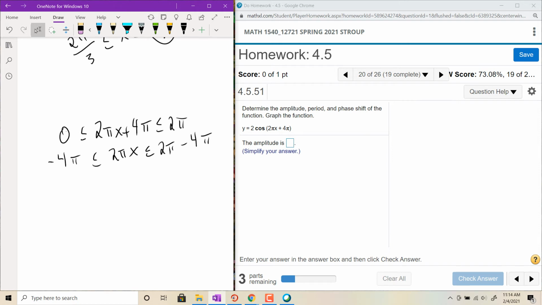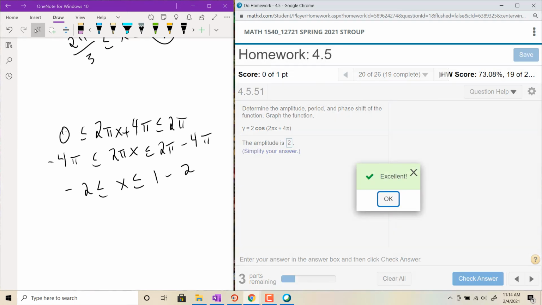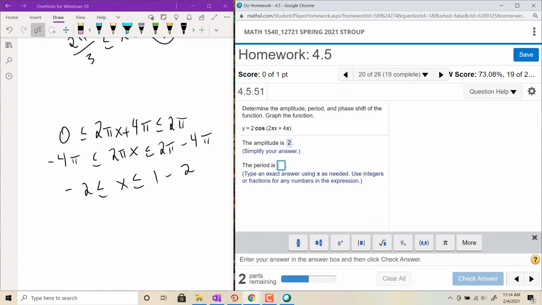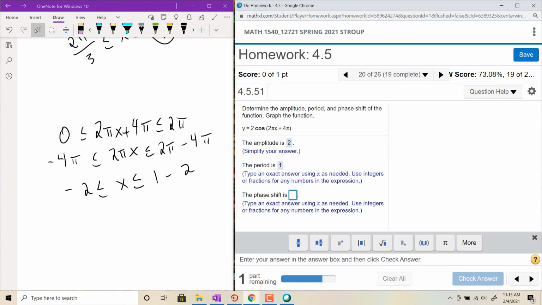Divide everything by 2 pi. So anyways, the amplitude is 2. The period is 1, which seems really weird. I'm scared that's not the right answer, but it is. And then the phase shift is 2.